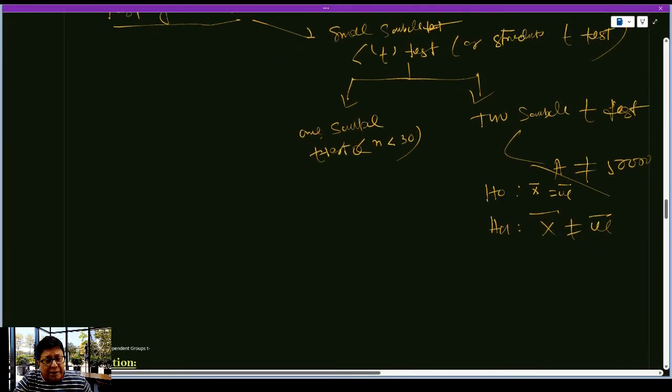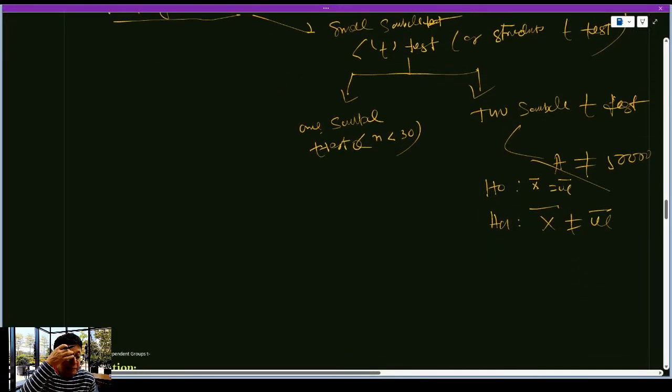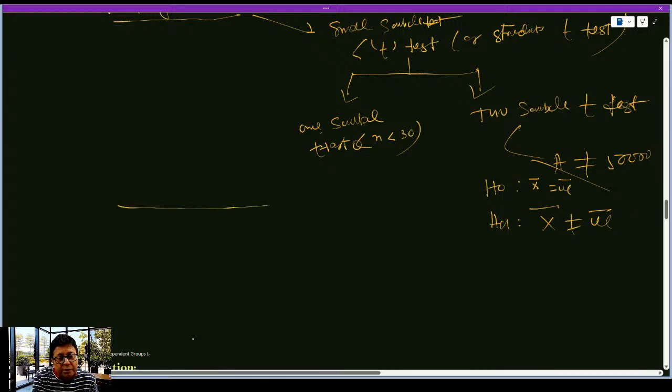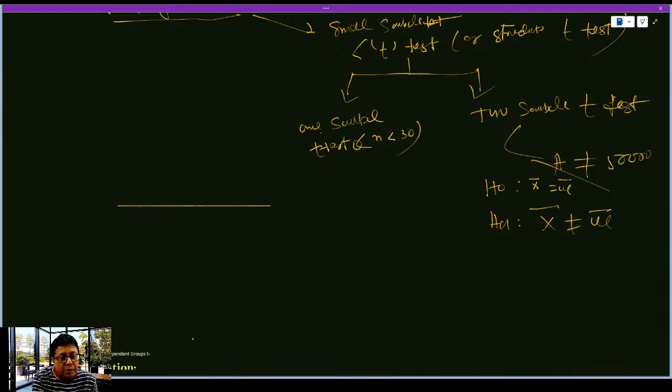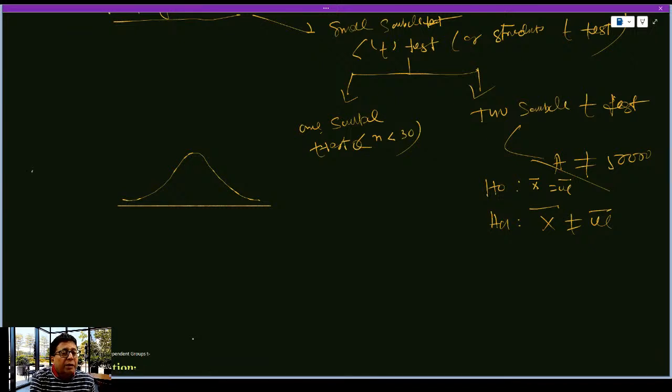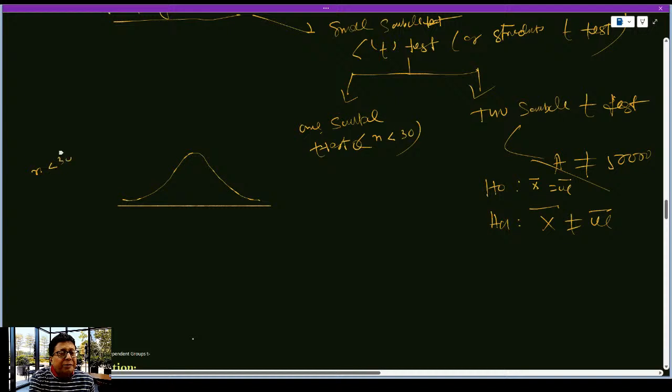The t-distribution curve, you remember, you have done it in probability. That t-distribution curve, do you remember? Don't remember? It's something like this. Okay? So here the data, I told you, will be less than 30.